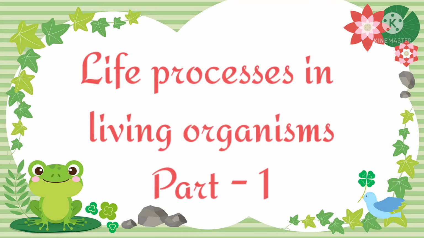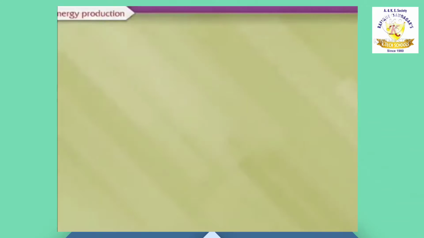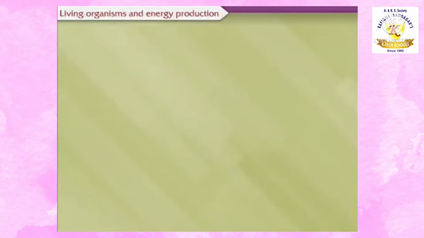Good morning, everyone. Children, as you all know, we have started lesson number 2, Life Processes in Living Organism, Part 1, and we have learnt various organ systems and their function, right? So, in today's video, we shall be learning living organisms and energy production.